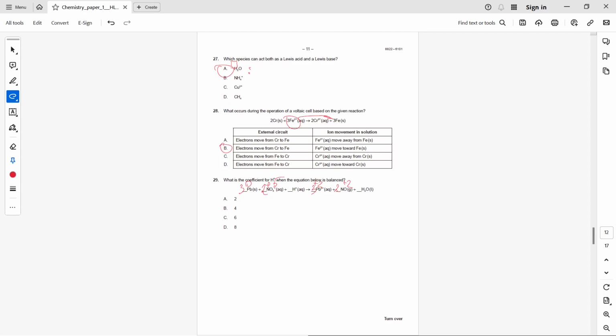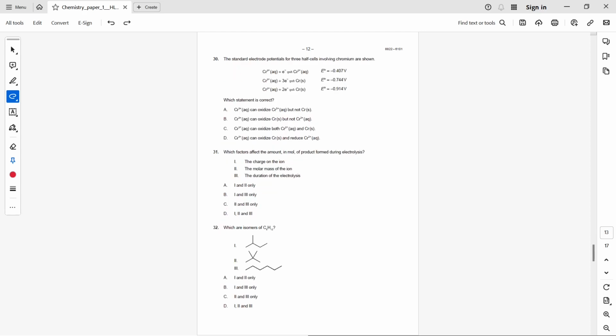Then we see on the left hand side there are 6 oxygen atoms. And on the right hand side we need to add water, so it's going to be also 6 oxygen atoms. And on the right hand side we have 8 hydrogen atoms, so we need 8 hydrogen atoms there, and the answer is D.